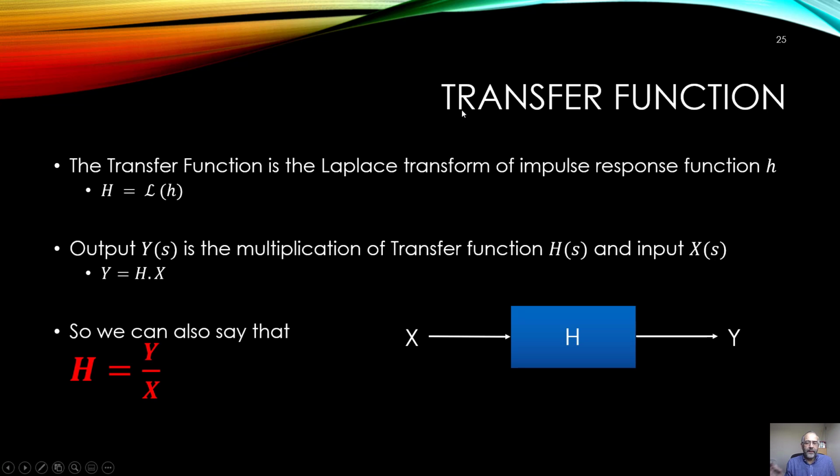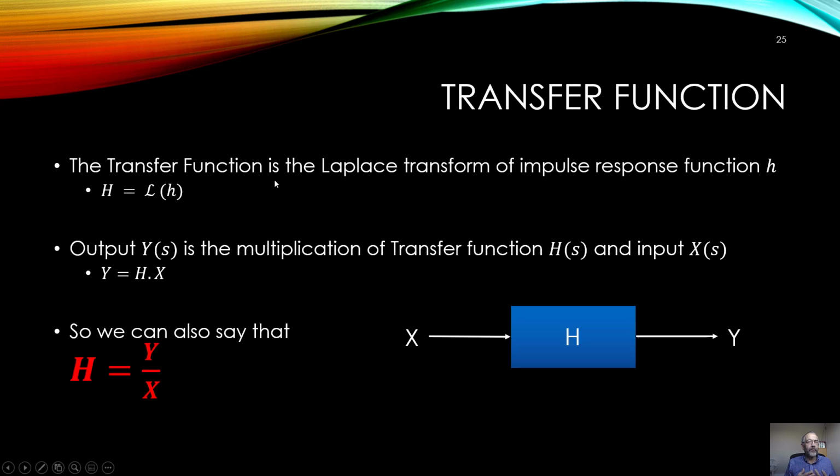And this is critical: you must not forget this word because we will use it so often. This is a characterization of the system. So every system has a transfer function. Sometimes you don't know it exactly, so then you have to approximate it. Sometimes you do know it, but every system has a transfer function, which is the Laplace transform of the impulse response function. So the transfer function H is the Laplace transform of the impulse response function.